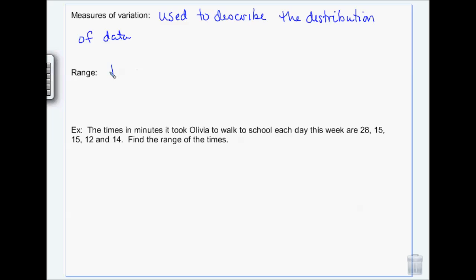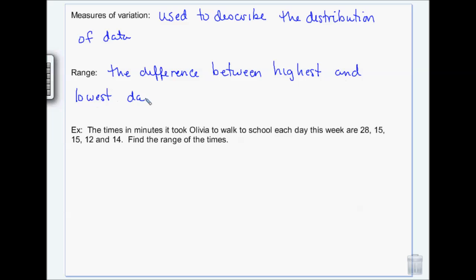Range is the difference between the highest and the lowest data points. Range is pretty simple to find. You do the highest minus the lowest.